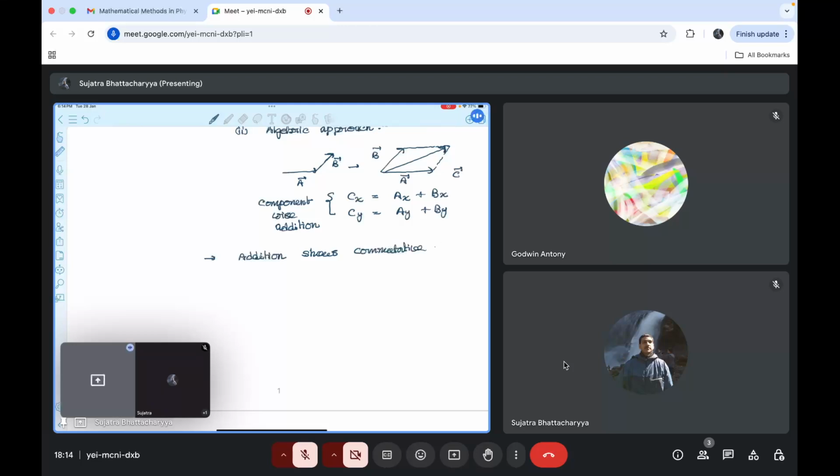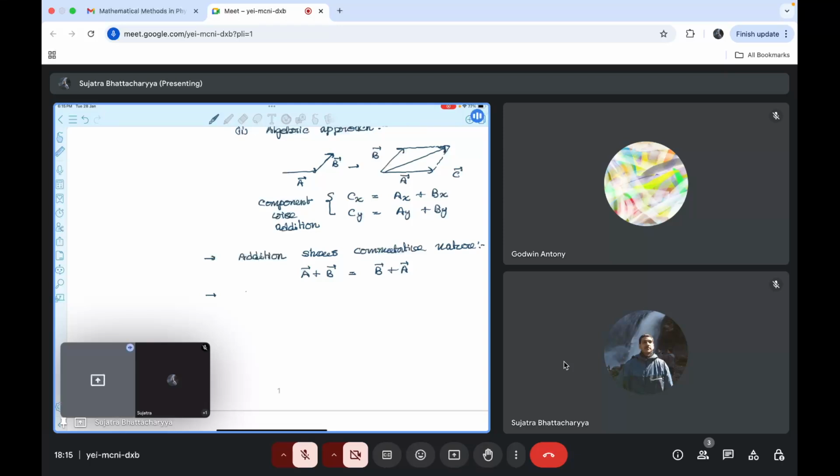We all know what commutative nature means. Simply, if you are adding a plus b, whatever the result is, it is the same as adding b plus a. So a plus b vector is equal to b plus a. This is the commutative nature.